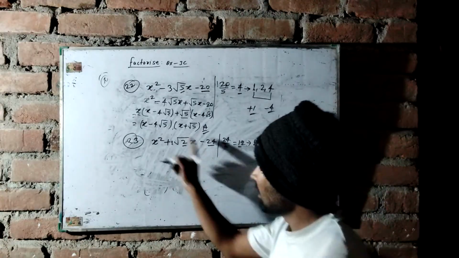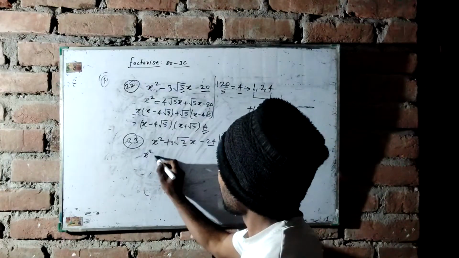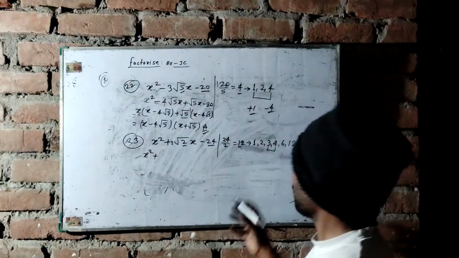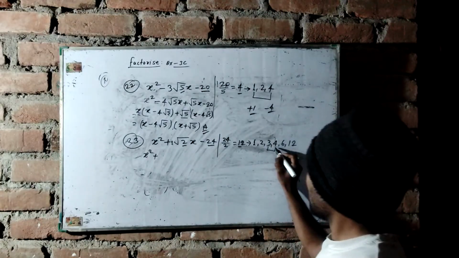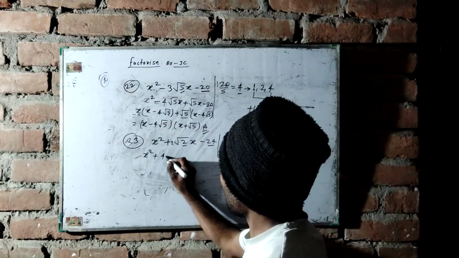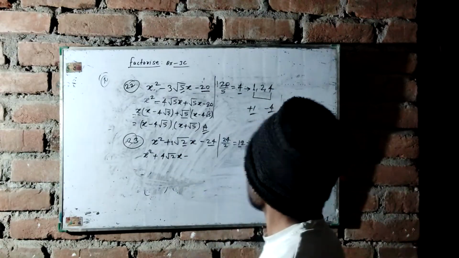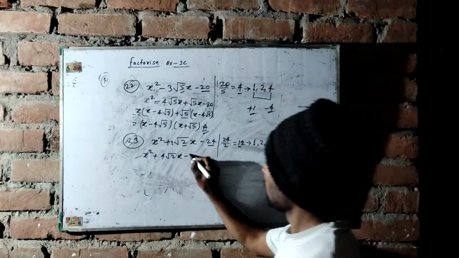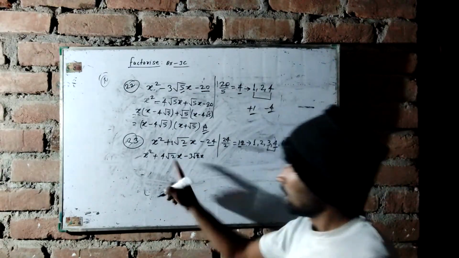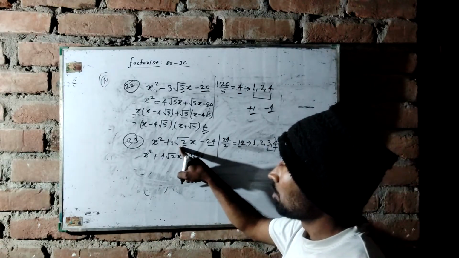So we can write this polynomial as x squared plus, we take greater number first, so we can write plus 4 under root 2x and minus 3 under root 2x, because their difference will be root 2x.